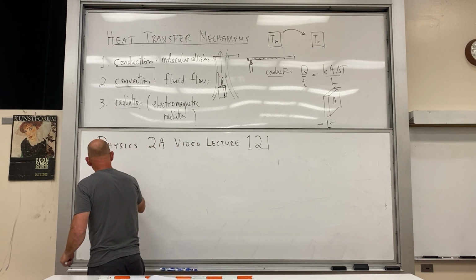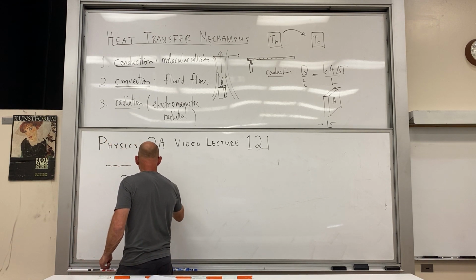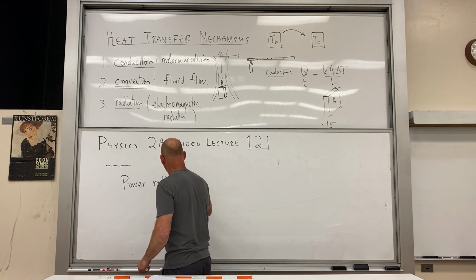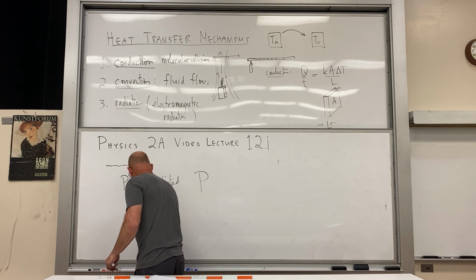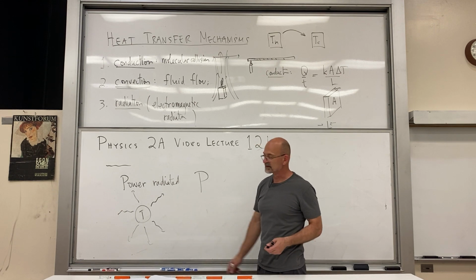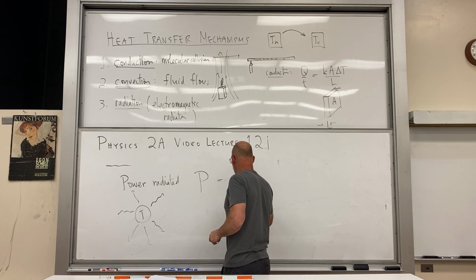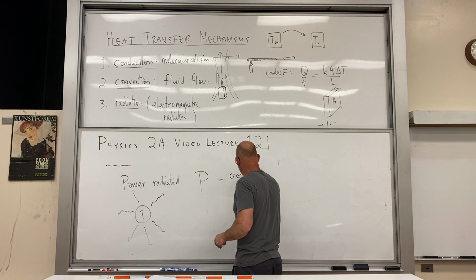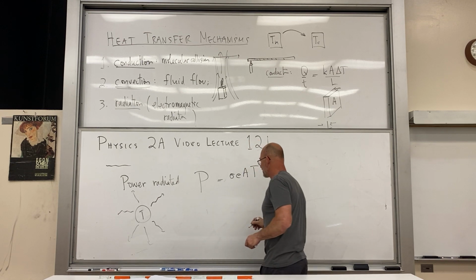But the power radiated, so we would have P in watts, and the idea is we have some object at temperature T, and it's radiating energy in every direction, like that light bulb was, like the sun. So power radiated is equal to sigma E A T to the fourth.